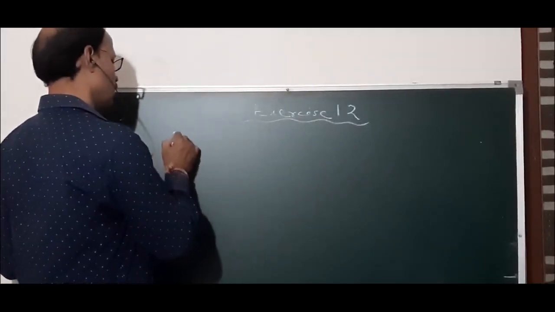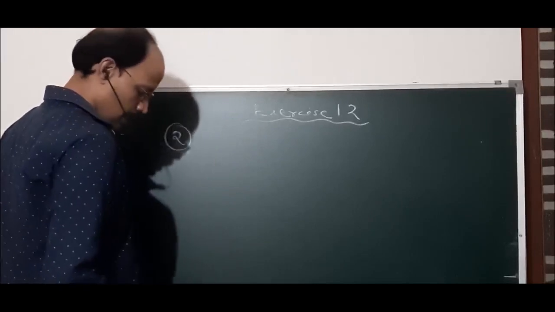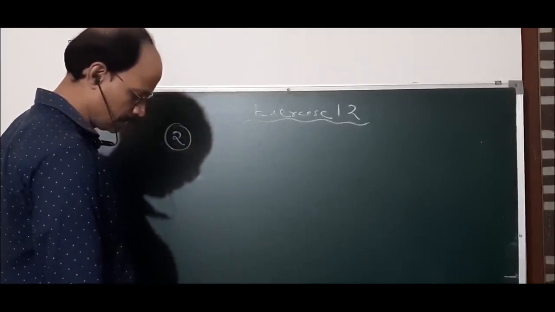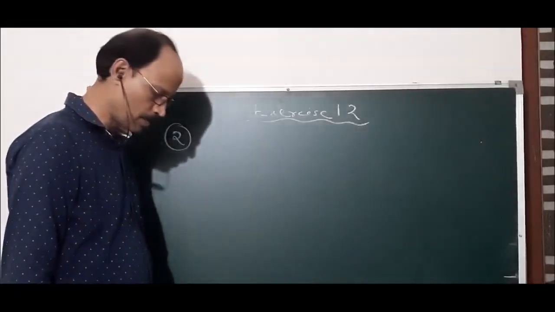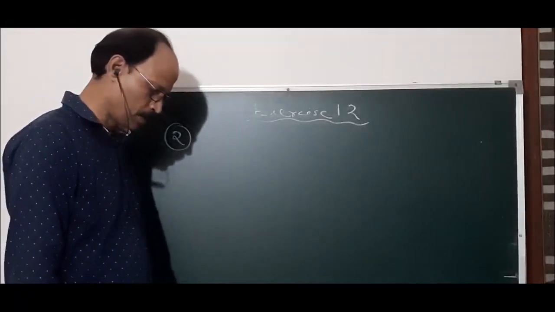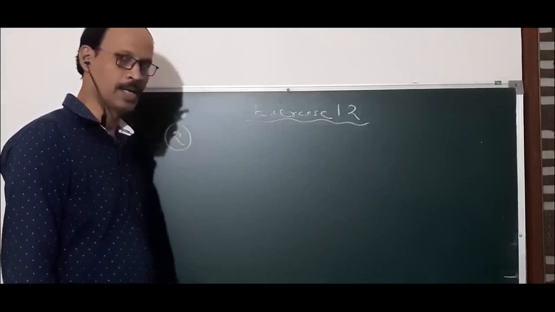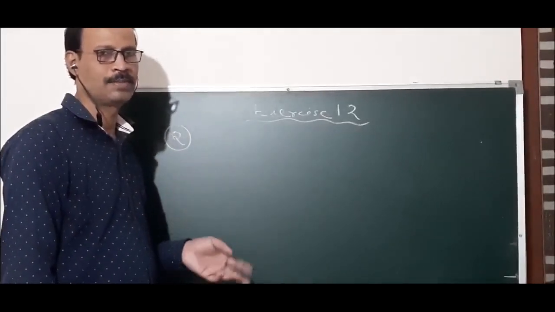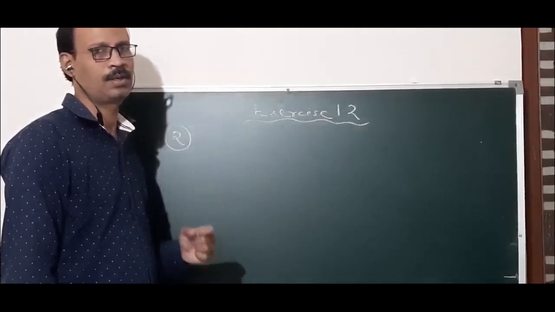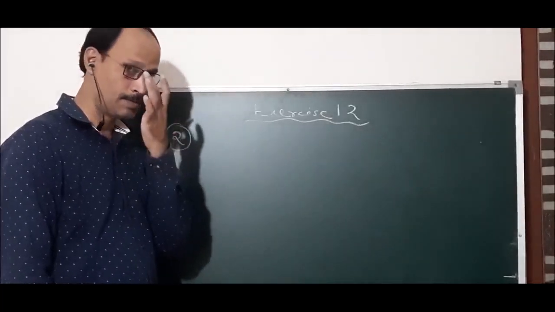Question number 2. In question number 2, first we have to find the LCM and HCF of the two given numbers. Then we have to verify whether the product of LCM and HCF is equal to the product of the two given numbers or not.